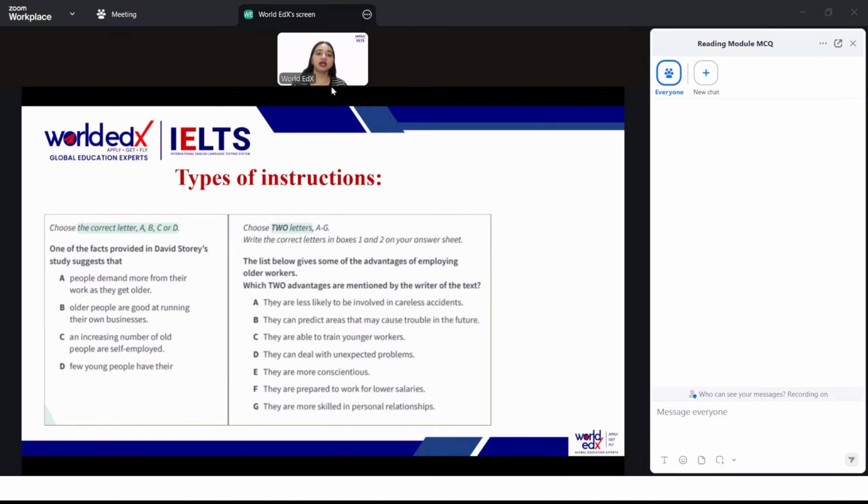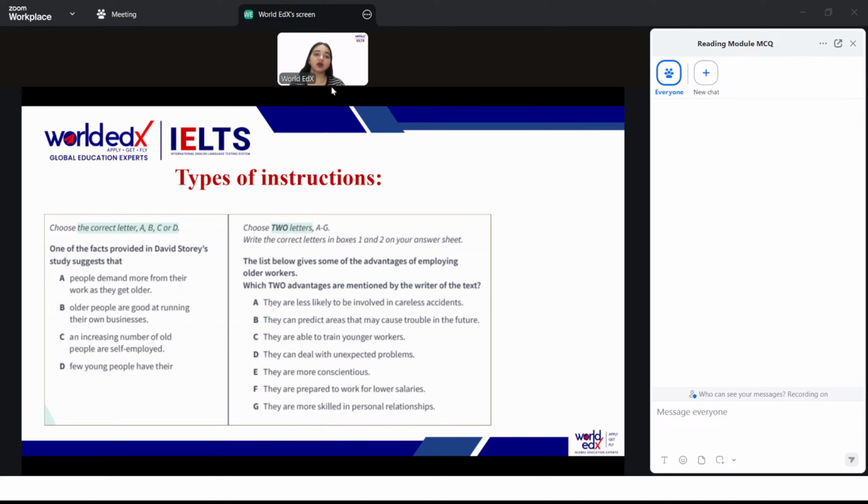Now see, there are two ways in which the instructions are given. The first one, if you look closely, says choose the correct letter A, B, C or D. And the next one says choose two letters A to G. That means the one on the extreme left says choose the correct letter A, B, C or D, so out of four you have to choose only one answer, which is going to be correct.